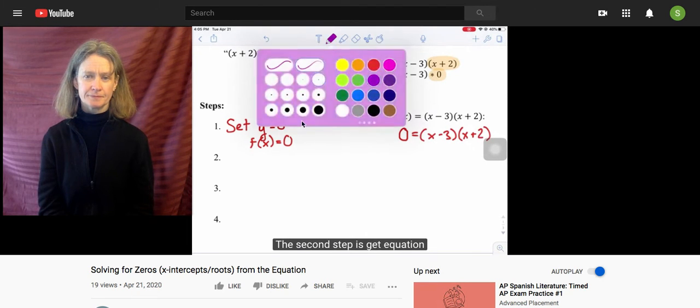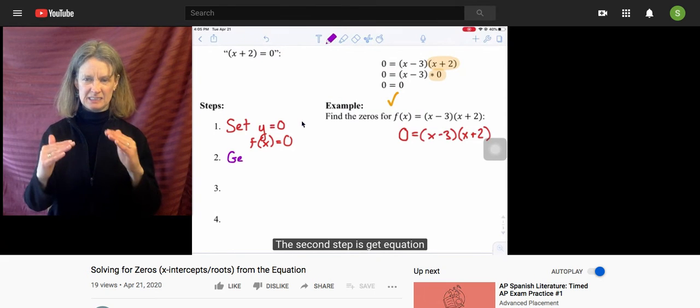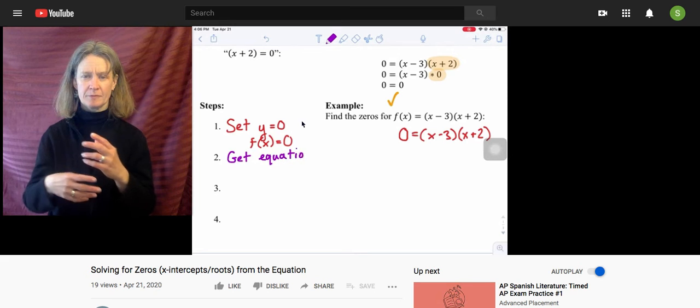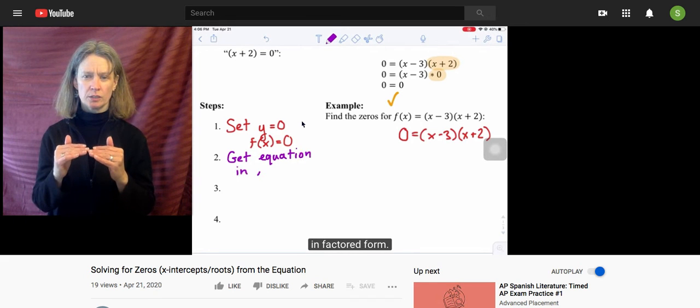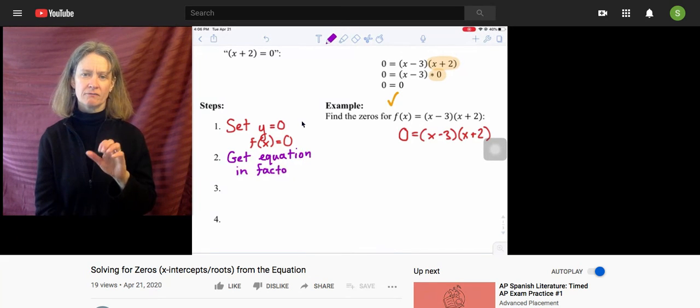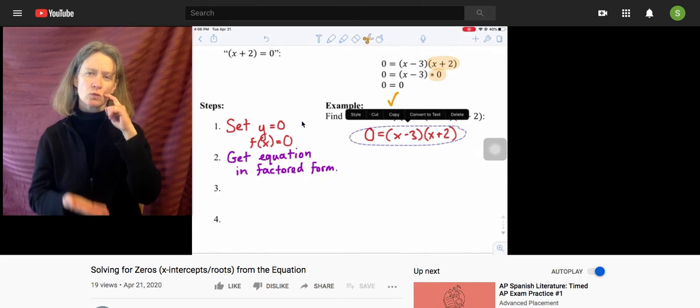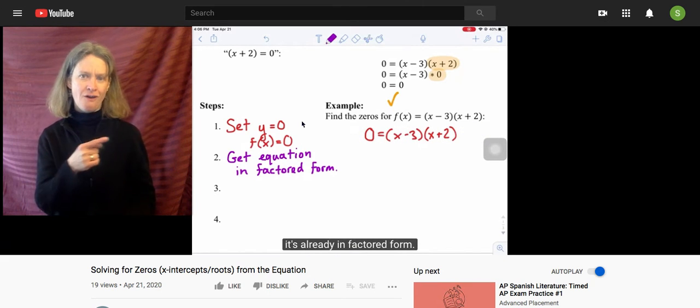The second step is get the equation in factored form. If you look at our equation, it's already in factored form.